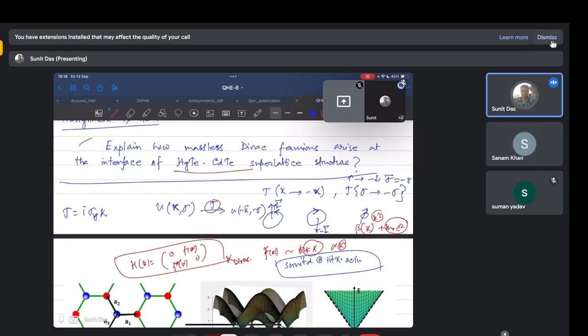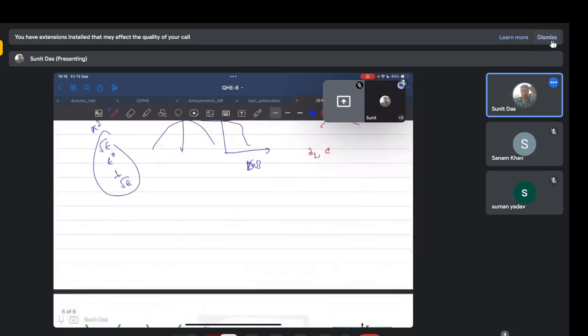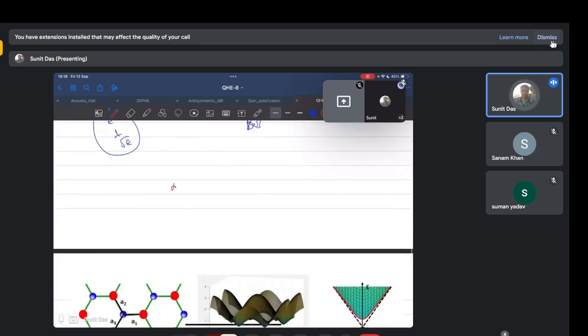Of course, we cannot go back in time, but in the condensed matter case, we mean to say that, let's say, velocity.